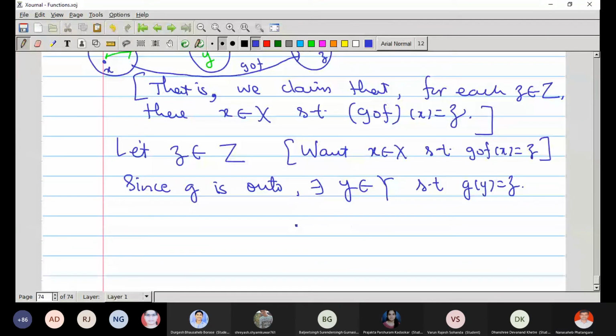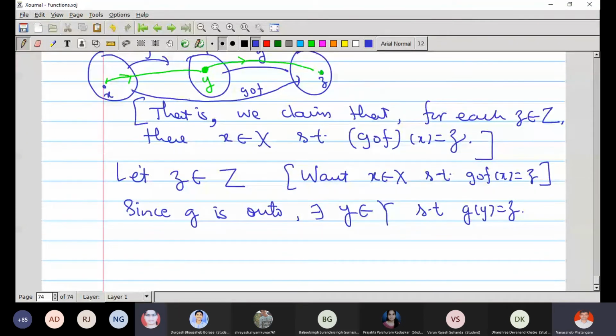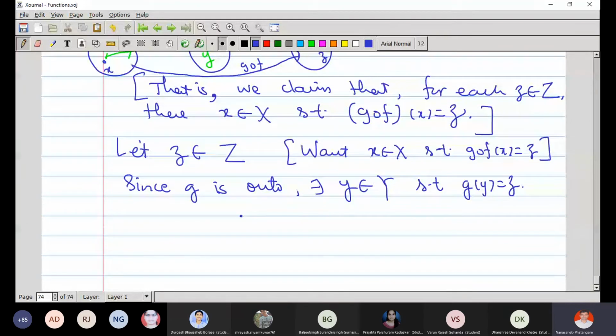Now I am backtracking the pre-image of z, and I can see that there is a pre-image in Y under g. So since y is in Y and f is onto, can I produce a pre-image for y in X under f?